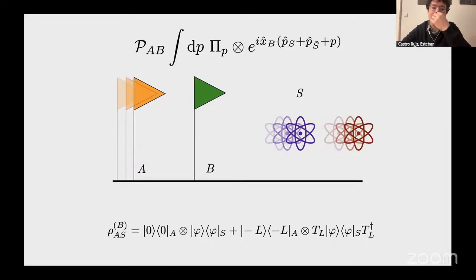And this is a way in which you can address this problem. So if you want to know only the state of A and S relative to B, the minimal information that you need, if you start from Alice, is the state of B and S relative to A and the extra particle.